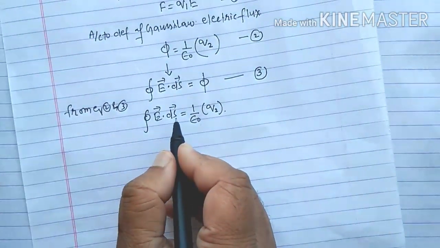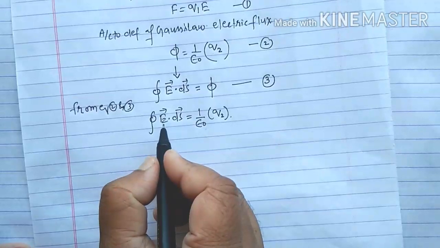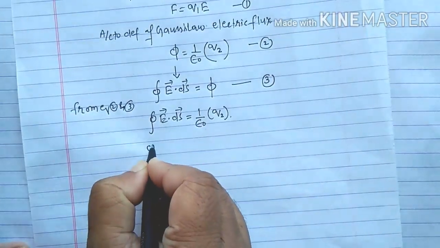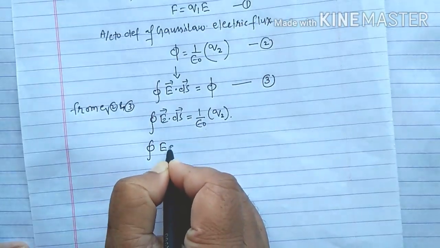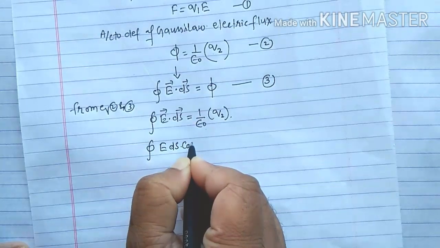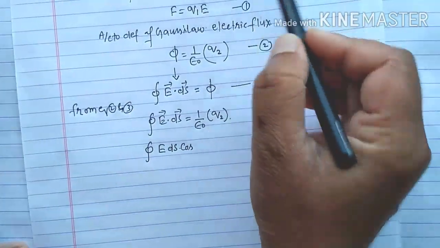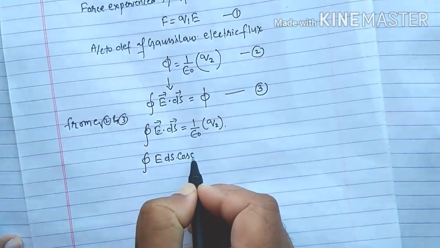And this E dot ds is nothing but dot product of two vector quantities. So dot product of two vector quantities can be written as simply magnitude of first vector into magnitude of second vector and cosine of angle between these two, and angle between these two in this diagram is 0, so it will be cos 0.